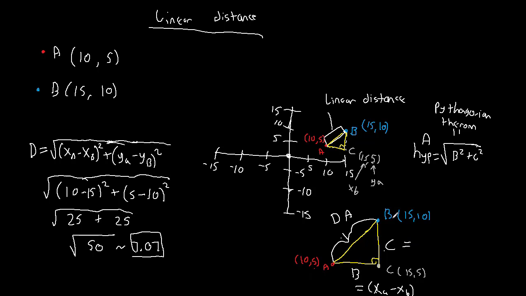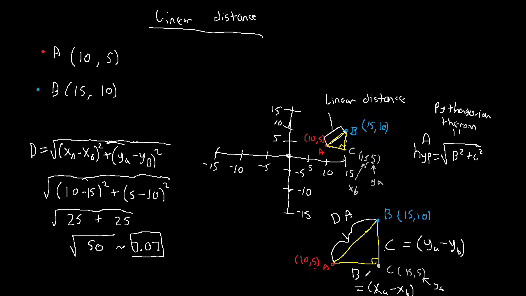Same thing with C, the difference between y of A, which again, sneaky, sneaky, because this is a straight line, this is y of A. So the difference between here and here, y of A minus y of B, is equal to C.